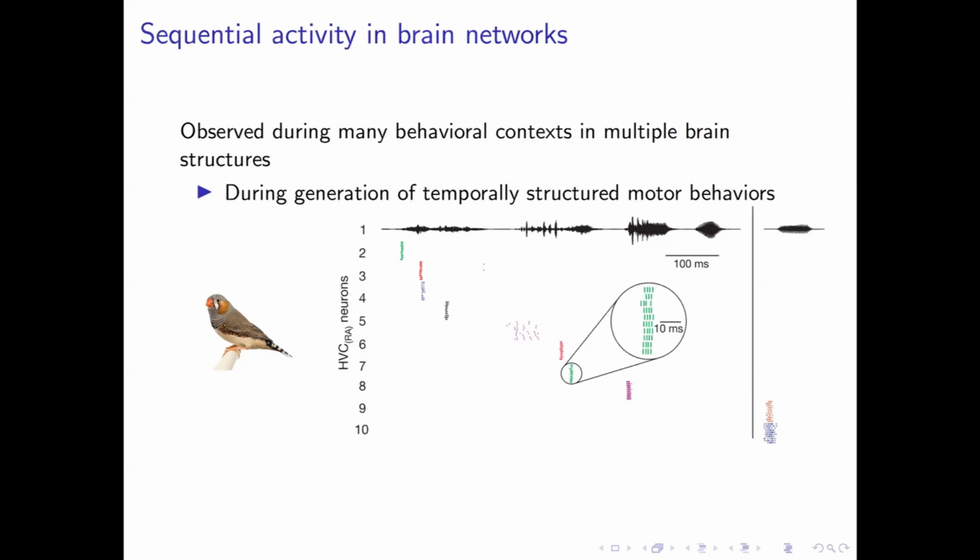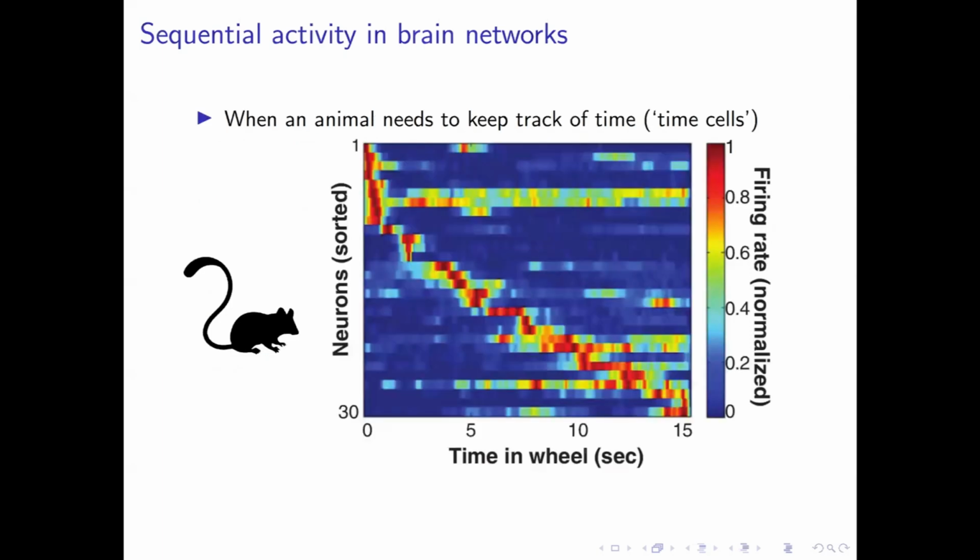You also see sequential activity in other contexts. A very interesting one is when an animal needs to keep track of time. This is the example of time cells in the hippocampus. This is from an experiment by Eva Pastalkova in Gyuri Buzsaki's lab, where they trained mice to run in a wheel for about 15 seconds.